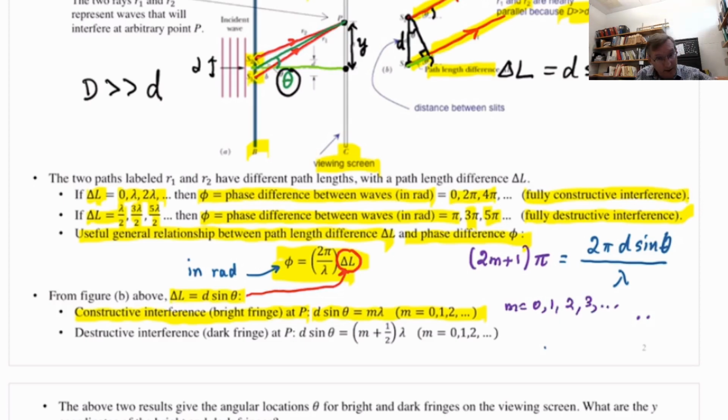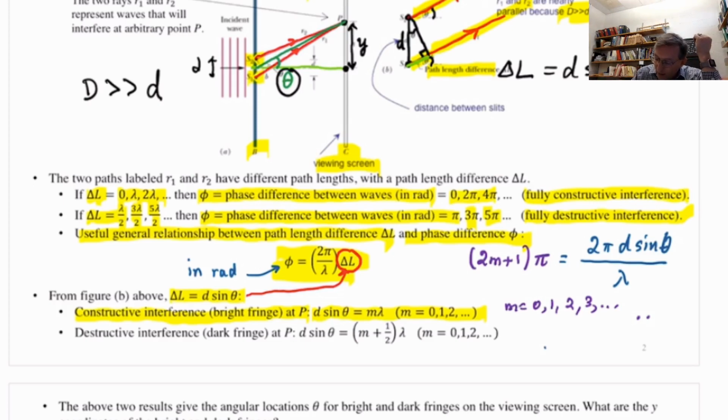You see how that can work? Plug in m equals 0 into that expression, and you get pi. Plug in m equals 1, you get 3 pi. Plug in m equals 2, you get 5 pi, etc.